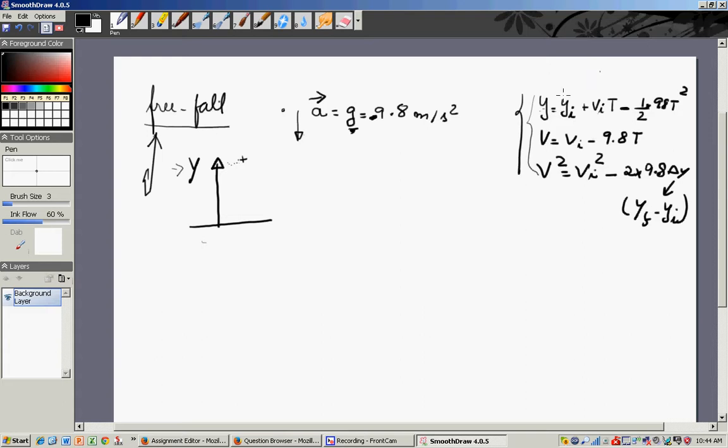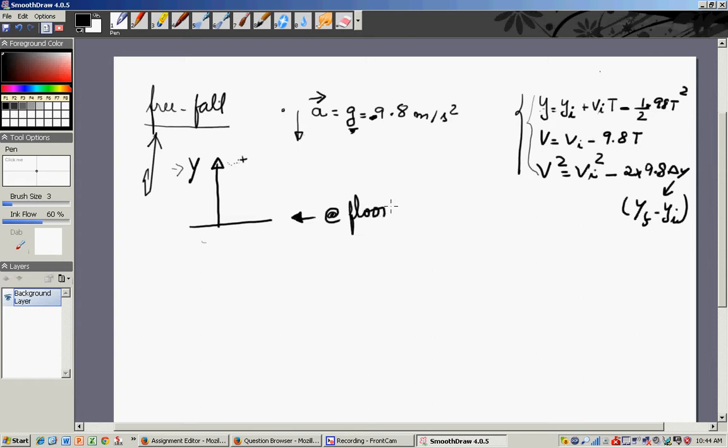Now we have to look at your initial conditions. Every time I solve a problem of free fall, I'm going to set my base, my ground level, my basic position at the floor.